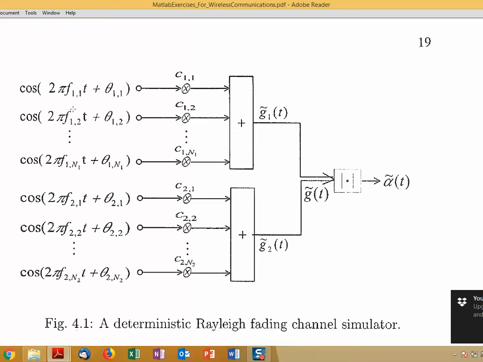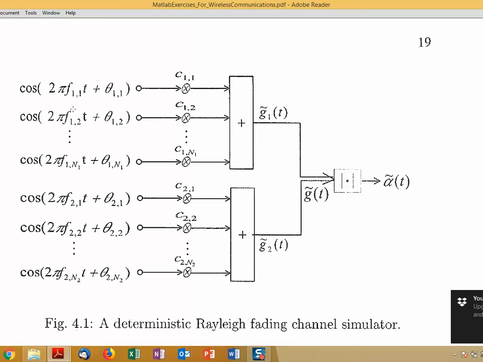I will not go deeply into detail, but you can model the channel by using the distribution function, that is, the amplitude of the channel.